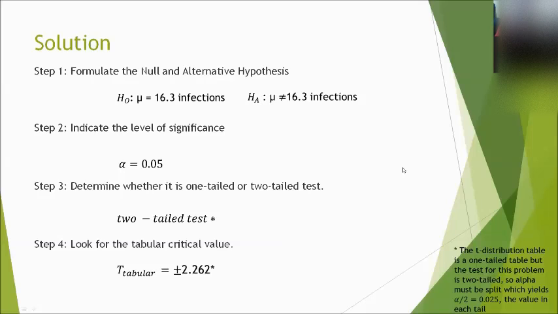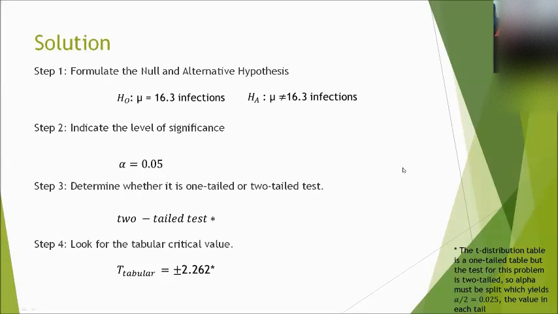So H sub 0, or the null hypothesis, population mean is equal to 16.3 infections. Okay? Alternative hypothesis, population mean not equal to 16.3 infections. So indicate the level of significance. So level of significance is 0.05.